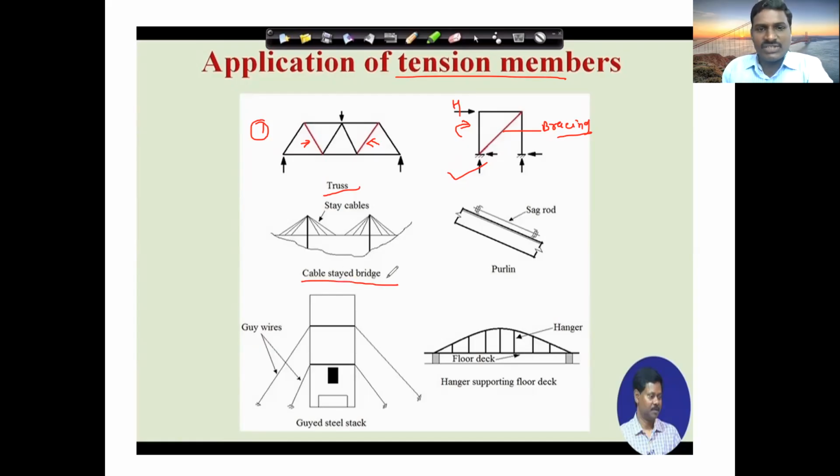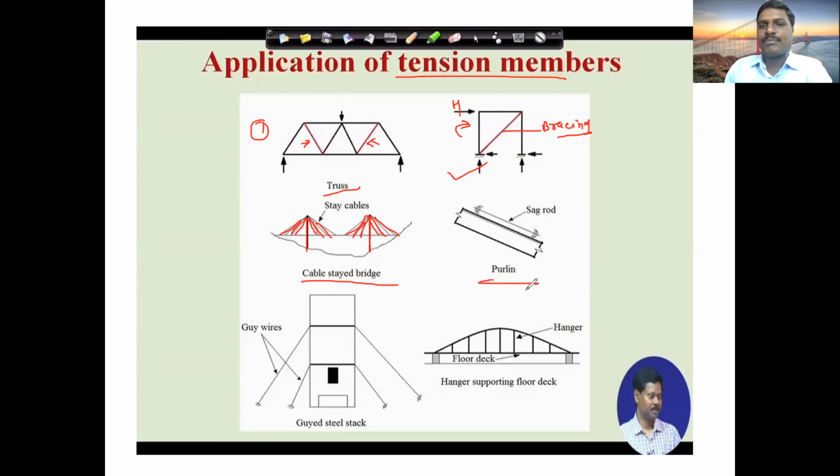Then cable stay bridge, as I discussed in the last slide, in the suspension bridges or cable stay bridges. Here one pier is there, and on this pier these cables are there, and those cables are taking the tensile load. So this is the cable stay bridge, one of the applications.